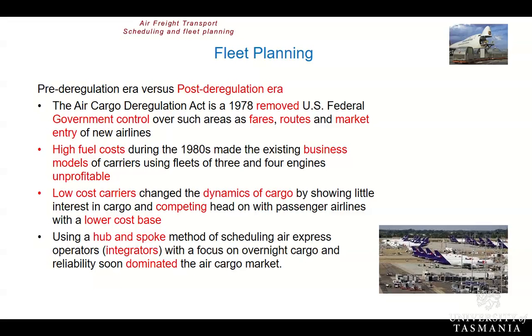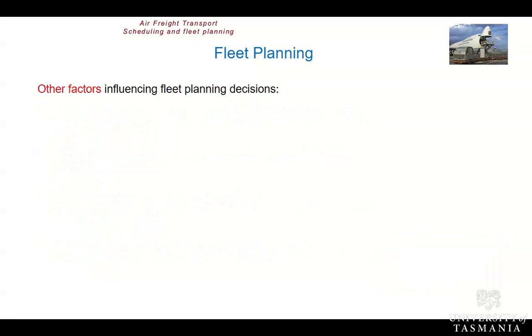And using the hub and spoke system in the United States and the focus on this idea of overnight cargo and reliability, they soon, and soon's a relative word really, came to dominate the market. So they took their share from about 1978 from 5% up to around either 60 or 70% of what it is over the last 30 or so years. So just a different machination about that particular market.